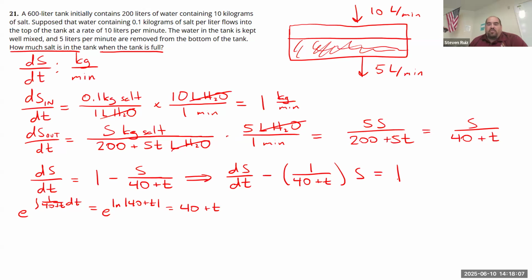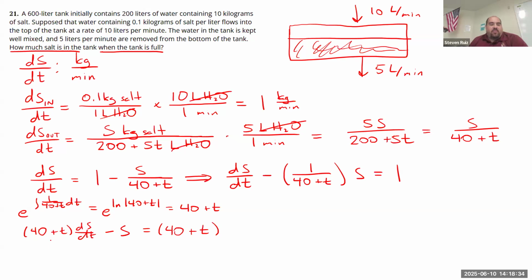So what happens when I multiply through by 40 plus t? I get (40 plus t) ds/dt plus (40 plus t) times 1 over (40 plus t), I think I just get plus s, equals 40 plus t.